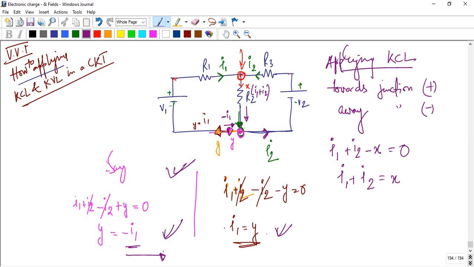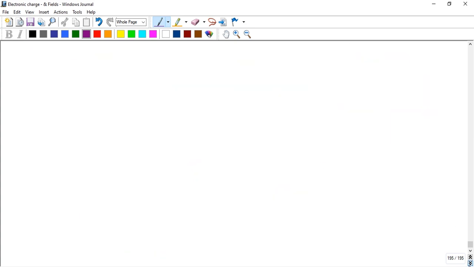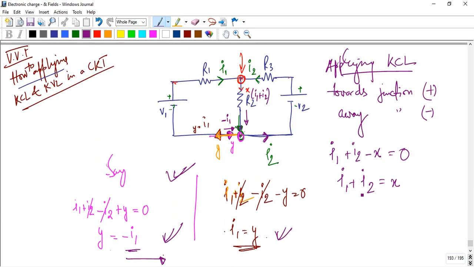Now here we apply KVL. Very important, how to apply KVL here. You see that there are two closed loops, loop 1 and loop 2. So here we apply KVL in the closed loops.